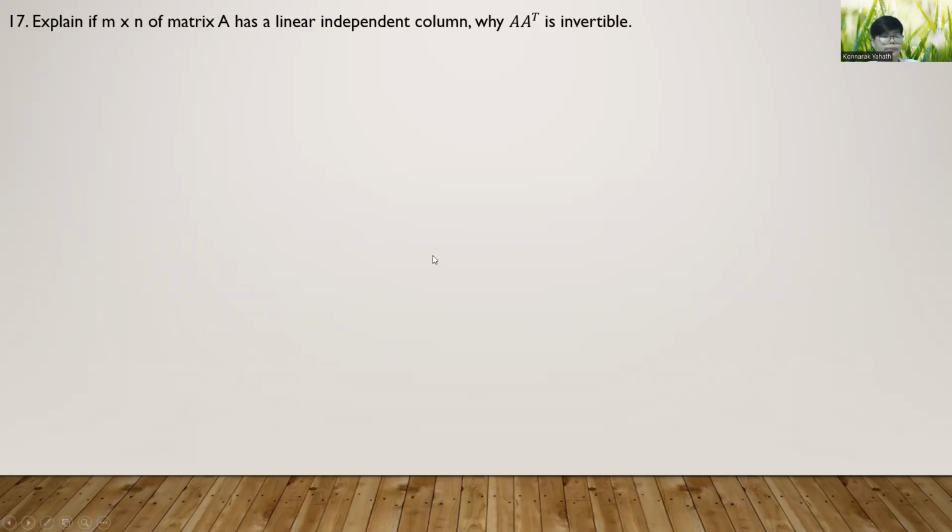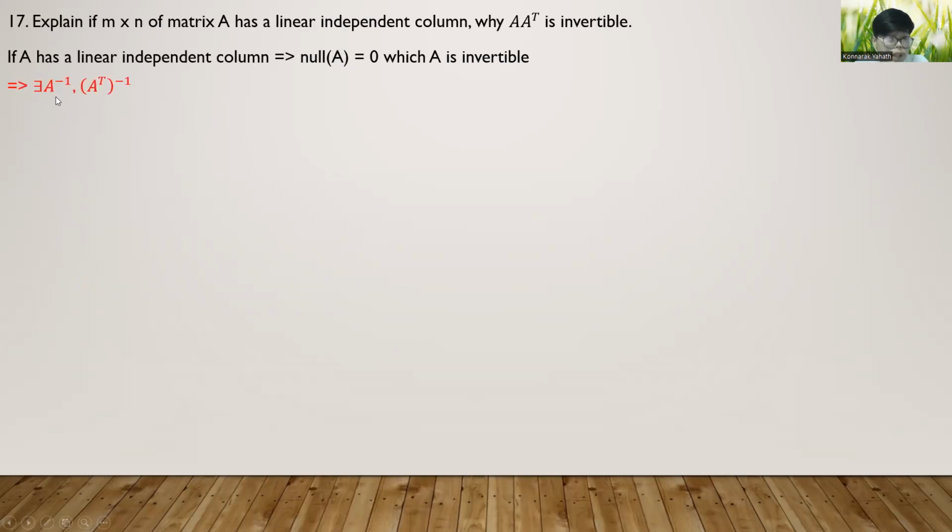Problem 17. Explain if an m by n matrix A has linearly independent columns, why A transpose A is invertible. When A has linearly independent columns, the null space of A must equal 0, which means that A is invertible. When A is invertible, two properties must exist, like the previous problem.